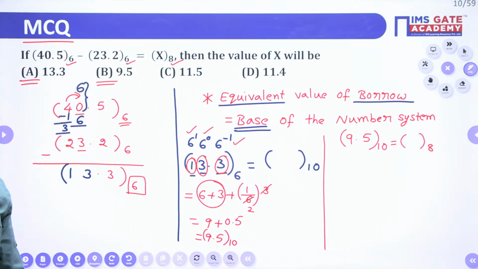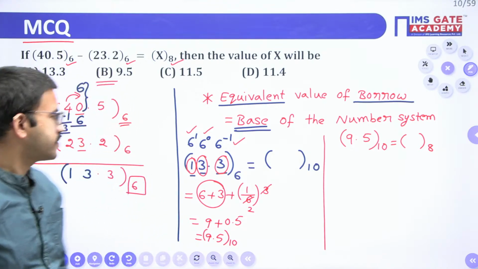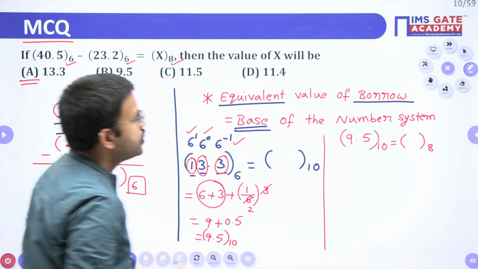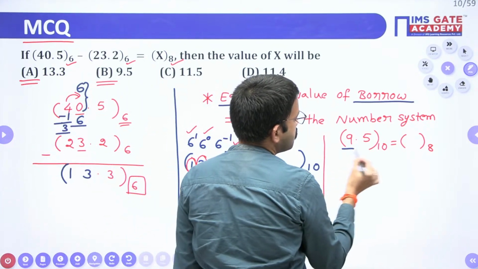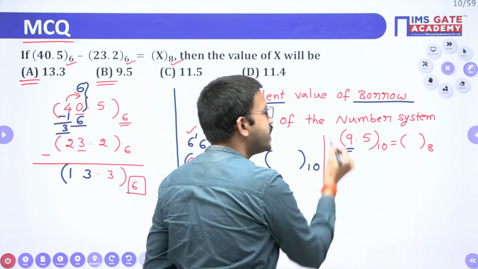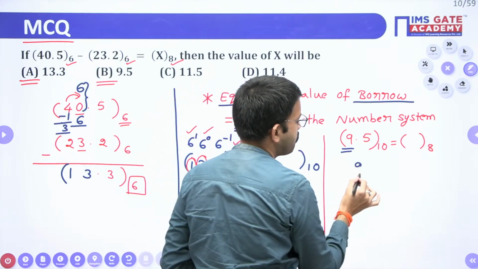Yes, very good Revant. So now you have the decimal number. If you want to convert into octal, regarding the integer part, whatever method we discussed earlier, the same procedure applies. 9 is there.